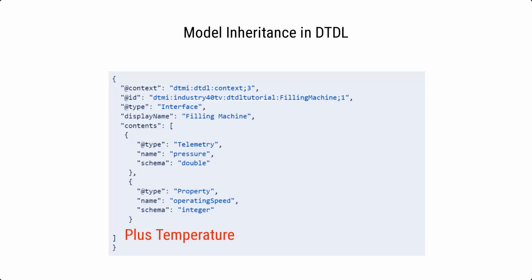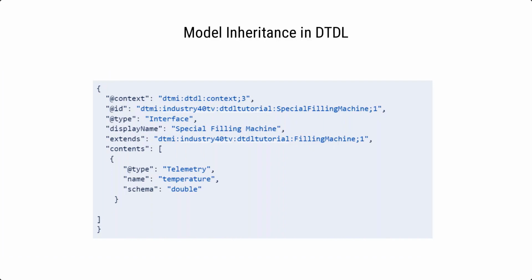You can do so by adding an extends field to the model. Here is an example where a special filling machine extends our filling machine interface and adds a temperature element to it. Here it uses extends to specify the identity of the filling machine model from which it wishes to inherit attributes. Then it simply defines the additional element, temperature telemetry.